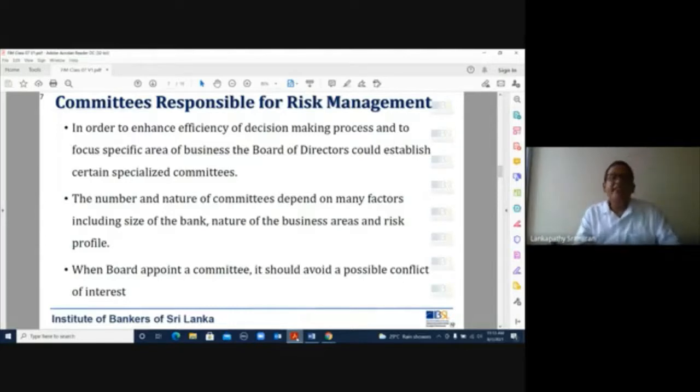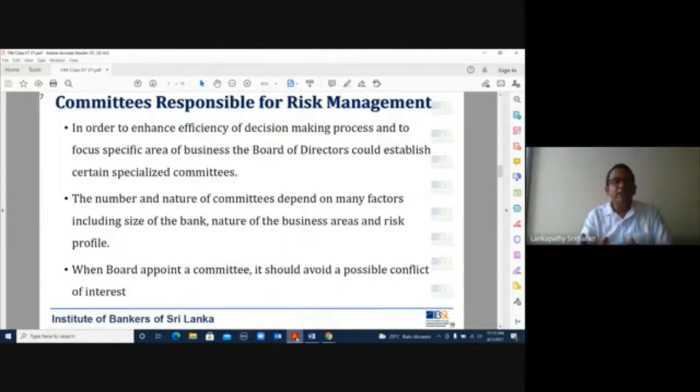In order to enhance the efficiency of the decision-making process and to focus on specific areas of the business, the board of directors could establish certain specialized committees. You have to keep in mind, in any business, if it is a company, the board of directors will have ultimate responsibility and ultimate authority as well.